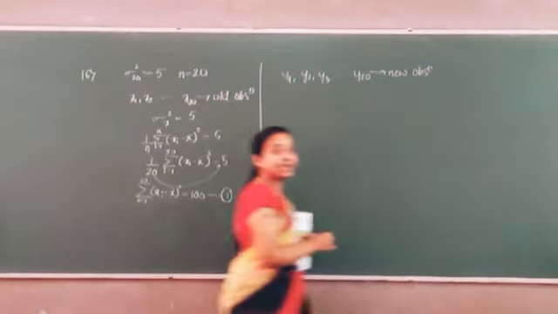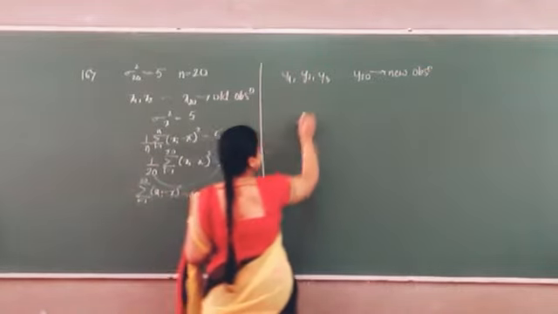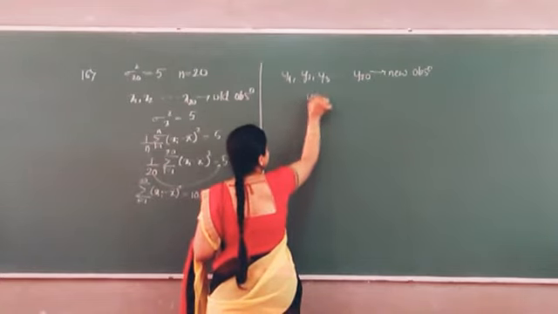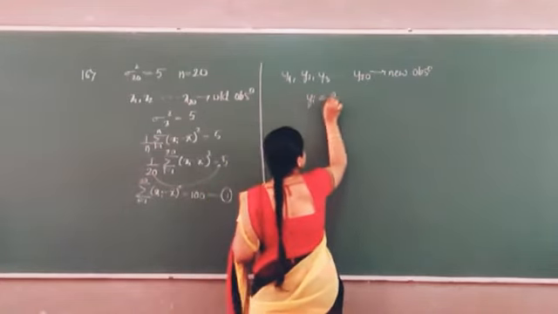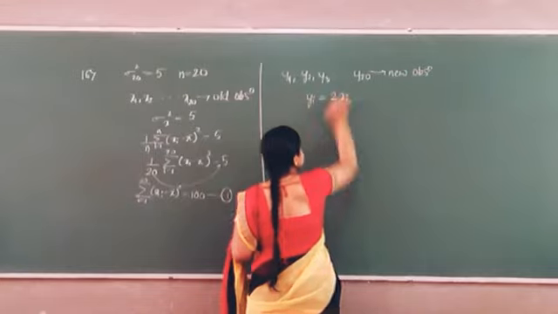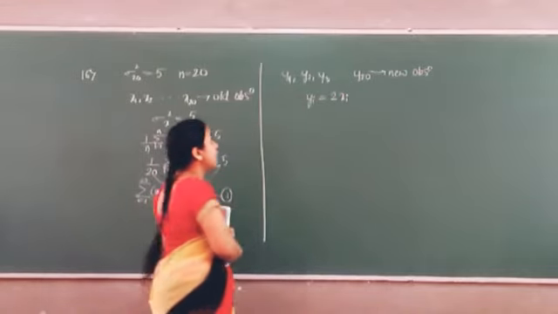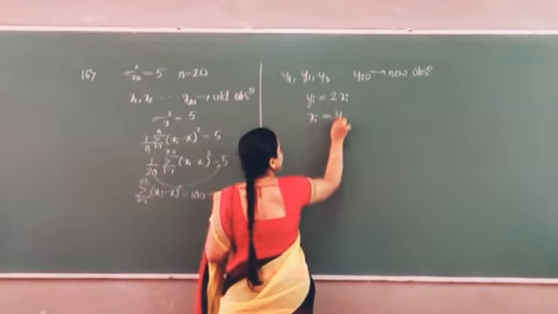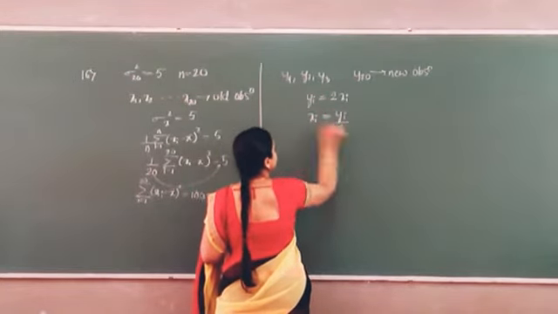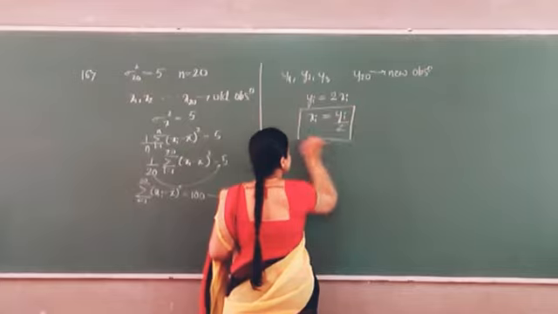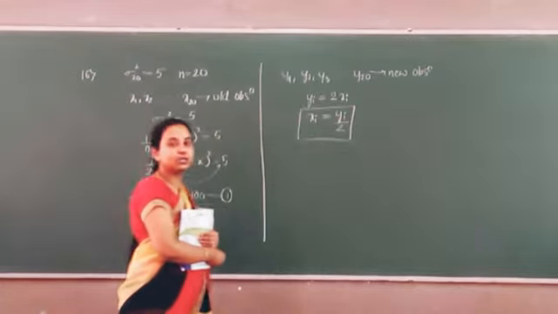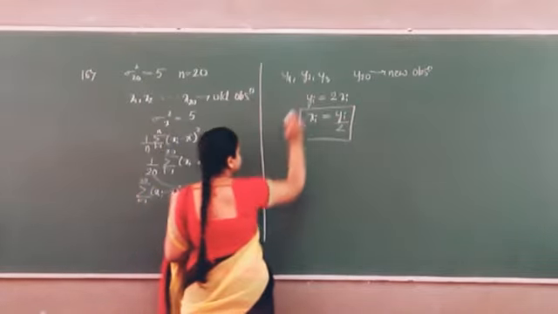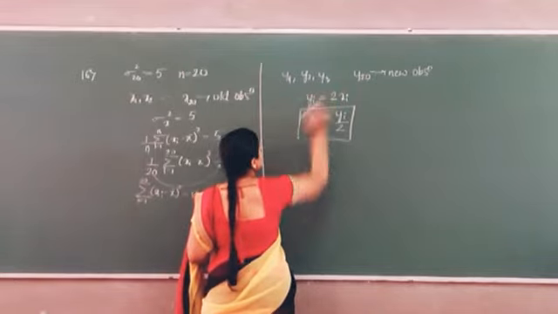And how are these 20 observations obtained? Each yi is obtained by multiplying 2 to each xi. Or xi is equal to yi by 2. Okay, so this we will use later. Next, yi is equal to 2xi.